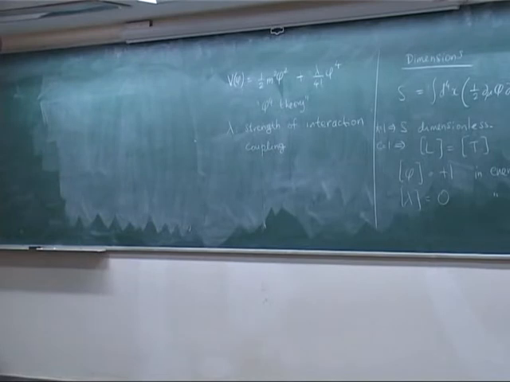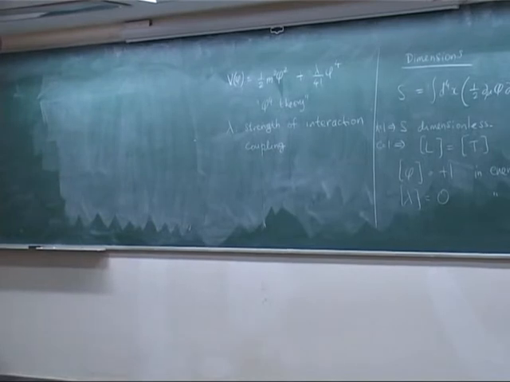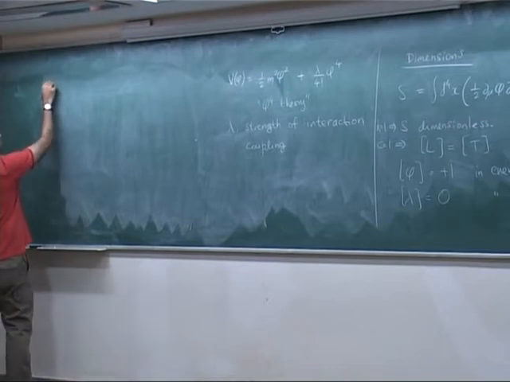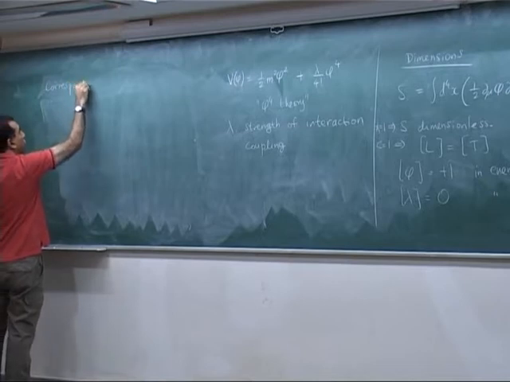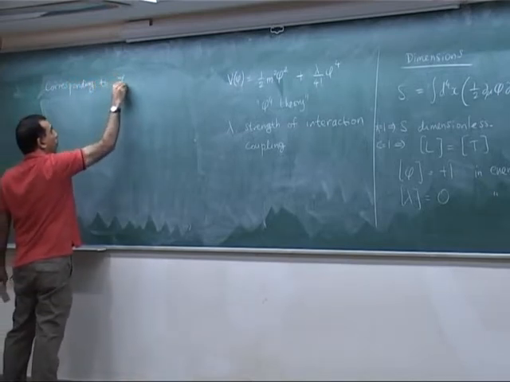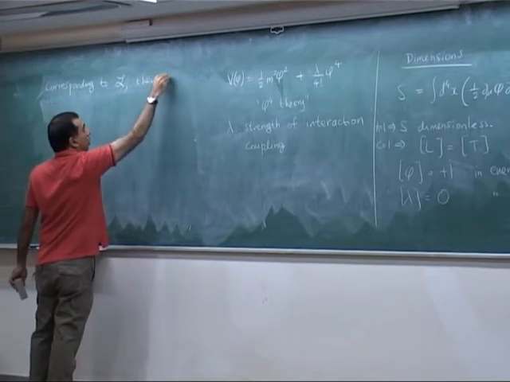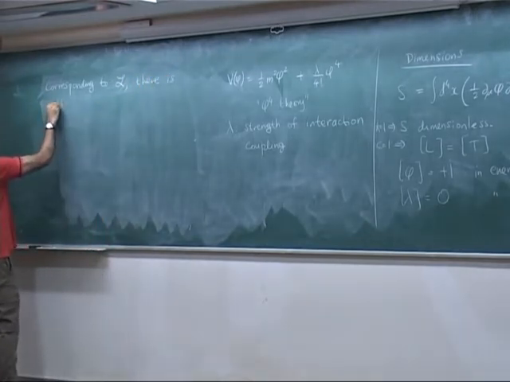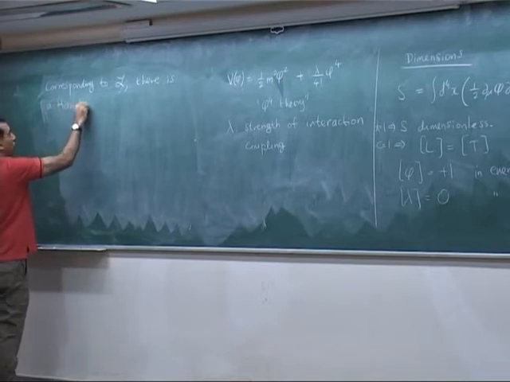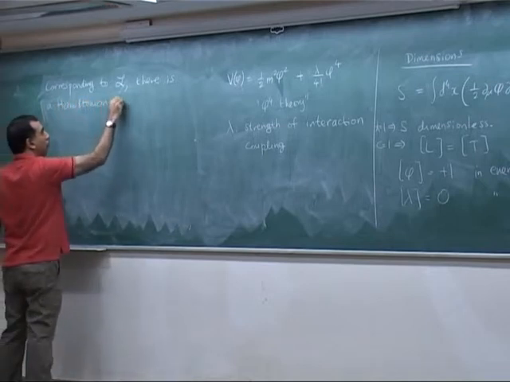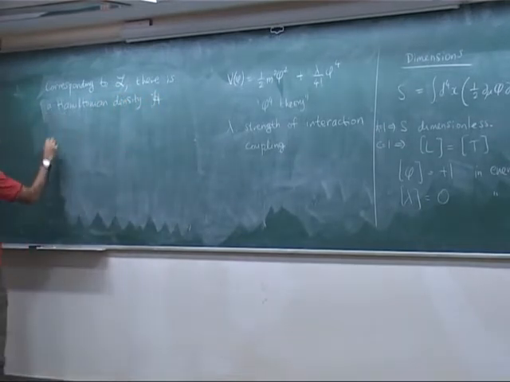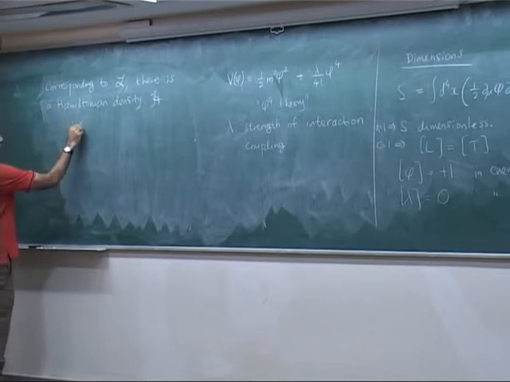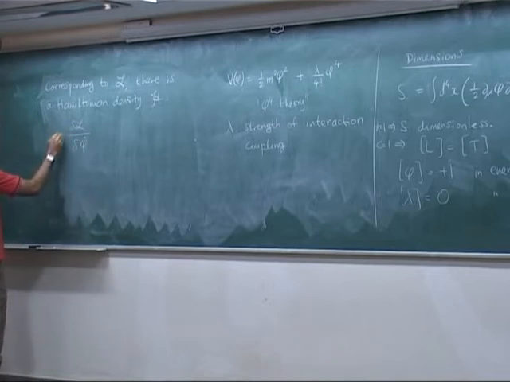Good. What about the Hamiltonian? So corresponding to the Lagrangian density, there is a Hamiltonian density written as script H. For that, first we take the Lagrangian and differentiate it with respect to phi dot.